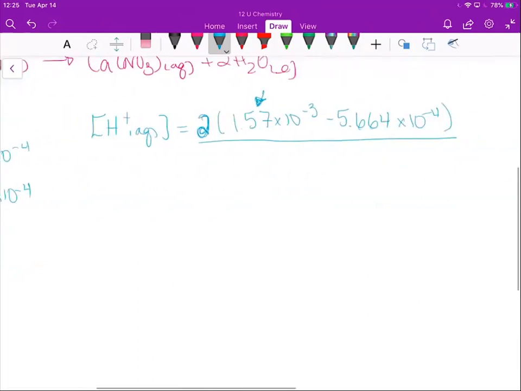So I'm going to have to multiply it again by 2 to find out the number of moles. If this is too confusing, you can do it the long way. I'm just taking the shortcut here.